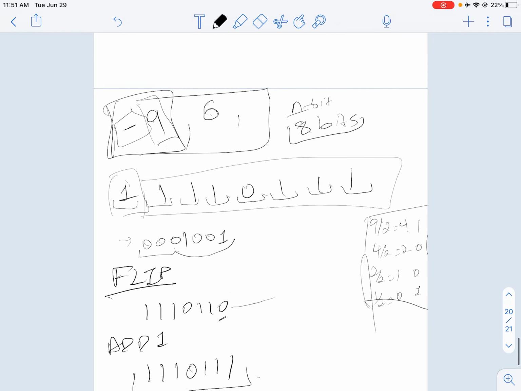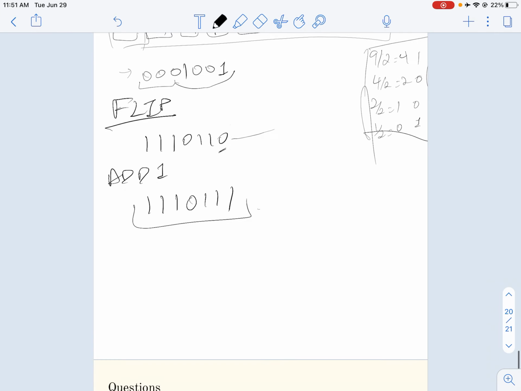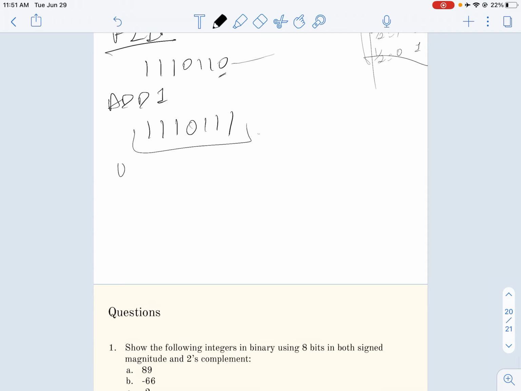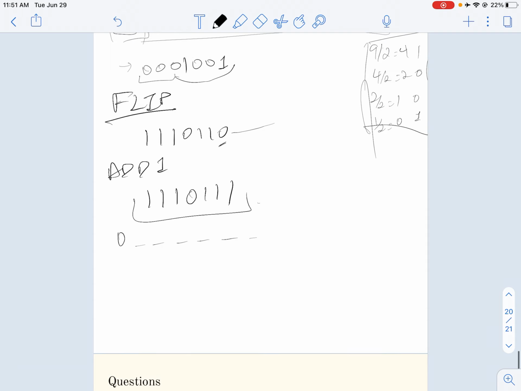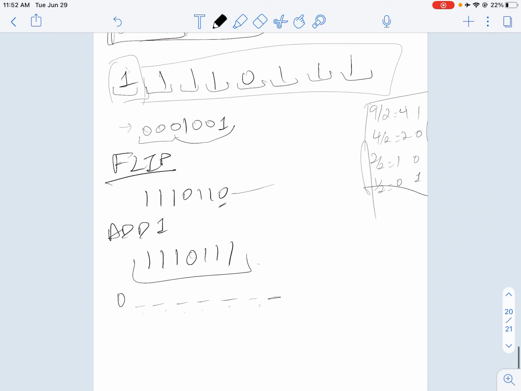So the 2's complement representation of minus 9 is this, in 8 bits. Let's do 6. Again I have 8 bits, but 6 is positive, so I put 0 first, and then I have 7 spaces.